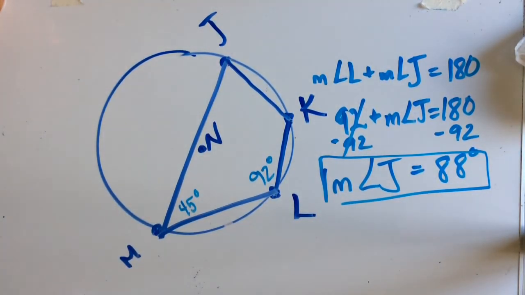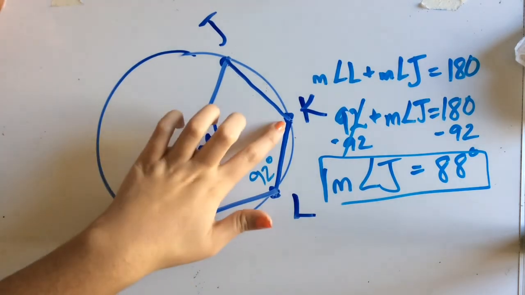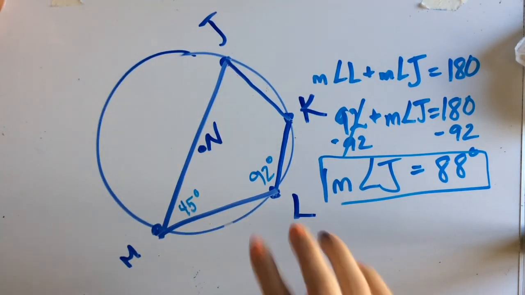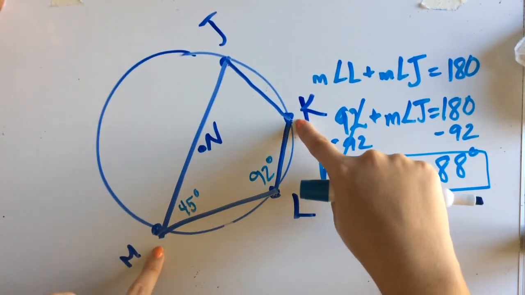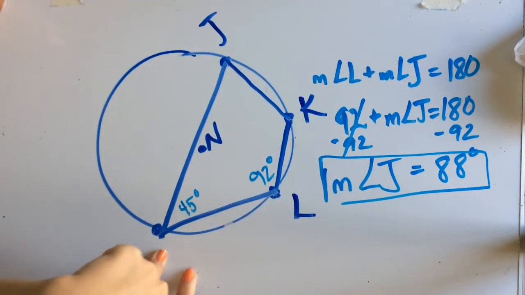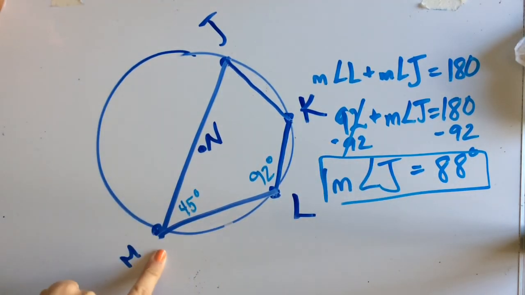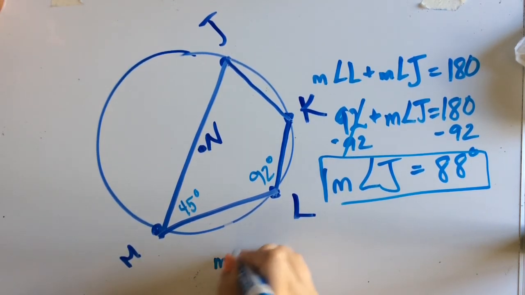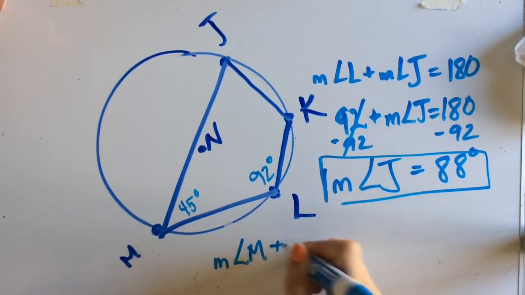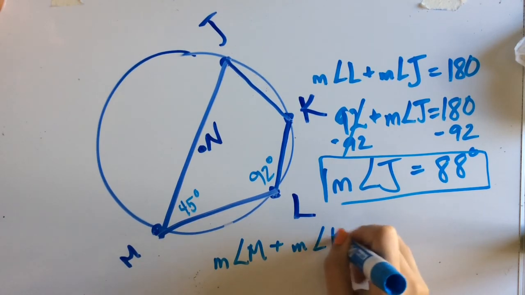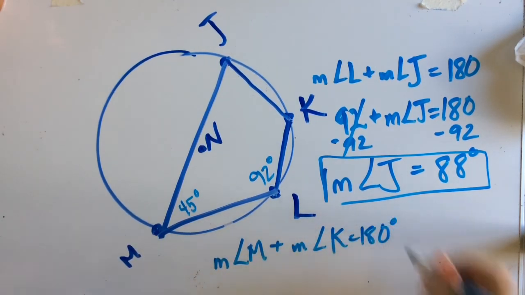Okay, now I'm going to find my other angle, the second angle that I want to figure out because I don't have the measurement of it, angle K. So again, opposite to angle K is angle M, and I know angle M, so I can use that information to find angle K. So I know that the measure of angle M plus the measure of angle K is equal to 180 degrees because they are supplementary angles.